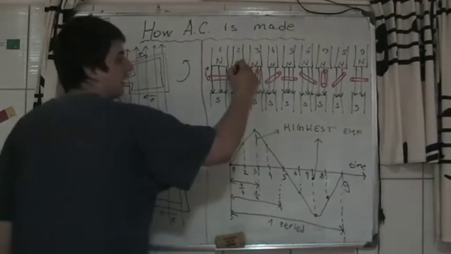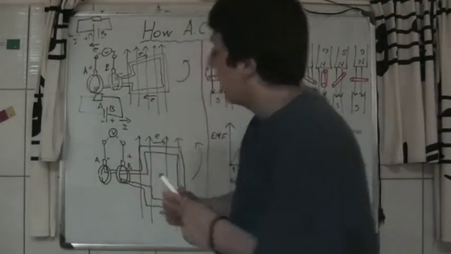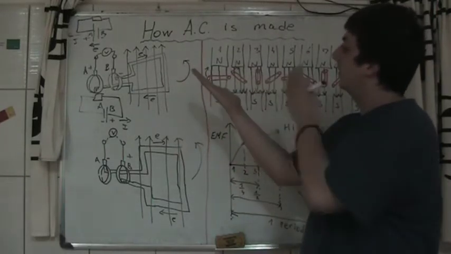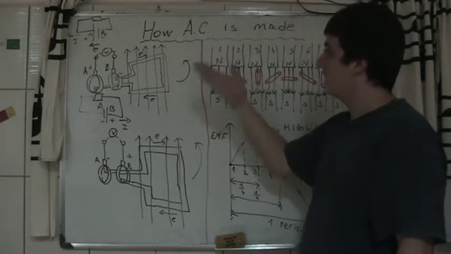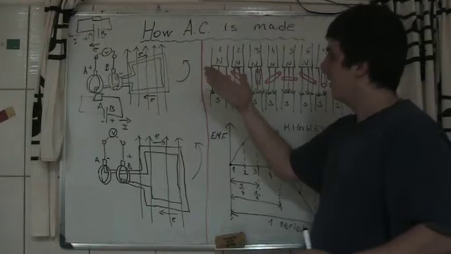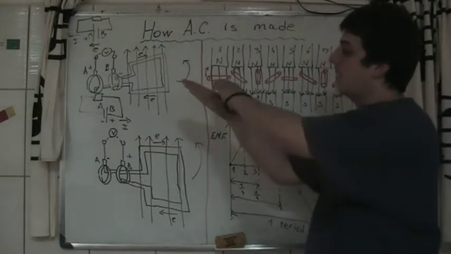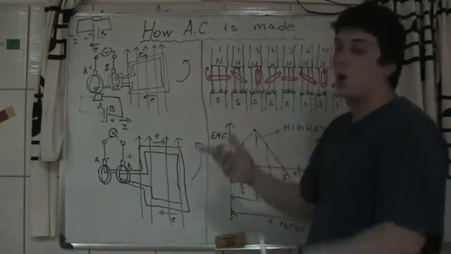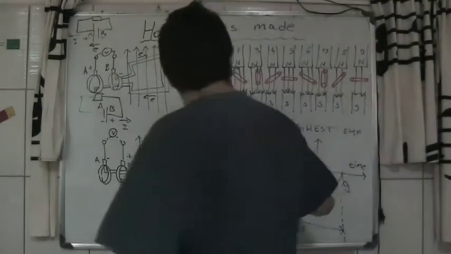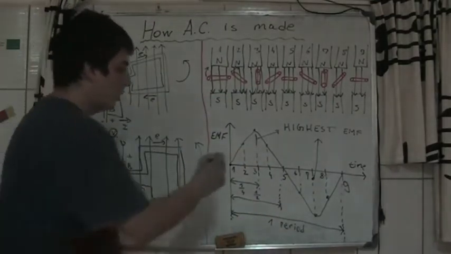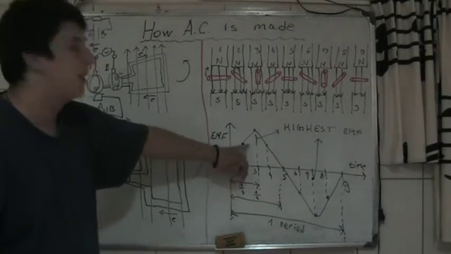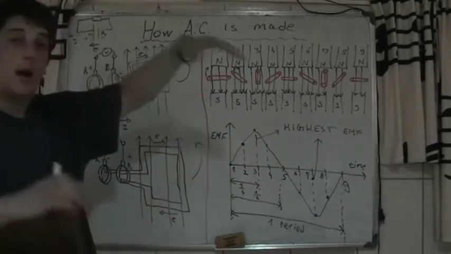Some of the field lines go into the palm of your hand. So in situation number 2, you have an EMF produced with this value.